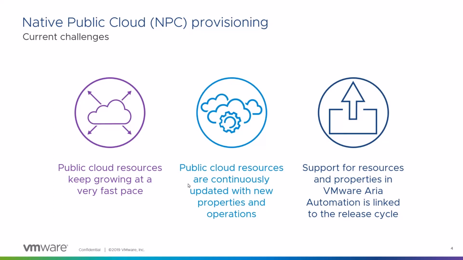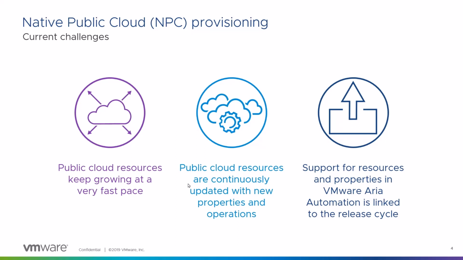The support for these resources and properties in VMware Aria Automation, as it stands today, is really linked to the release cycle of the product. Aria Automation today comes in two form factors, one being SaaS and one being on-prem. To get the new properties or the support for resources and their new properties, you'll have to upgrade to the next release when it comes out.